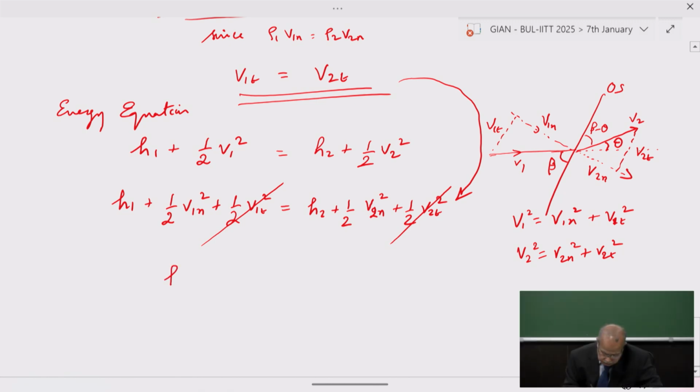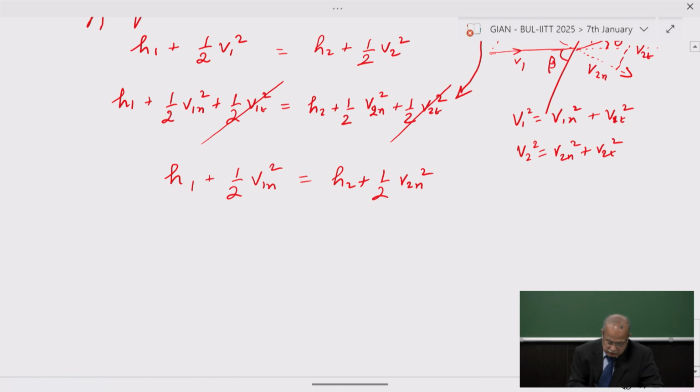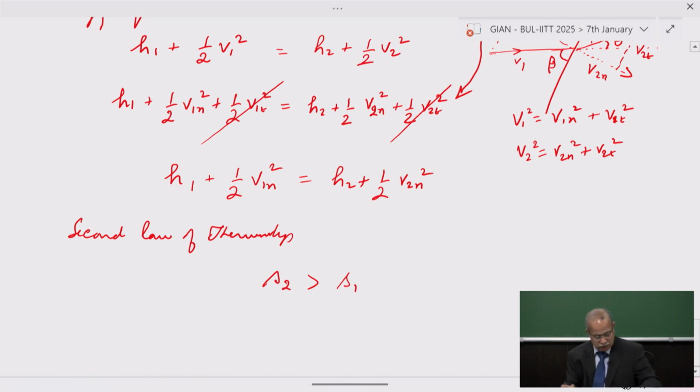Then the final energy equation reduces to the form h1 plus half V1n square is equal to h2 plus half V2n square. Okay, and then the second law of thermodynamics must be satisfied, which is S2 should be greater than S1 across the oblique shock.